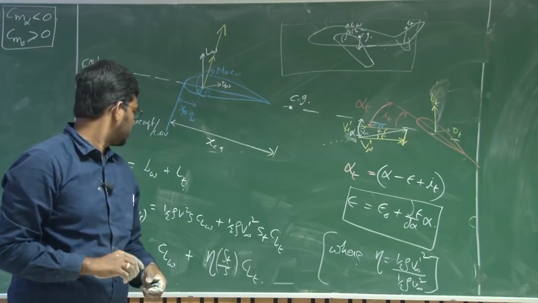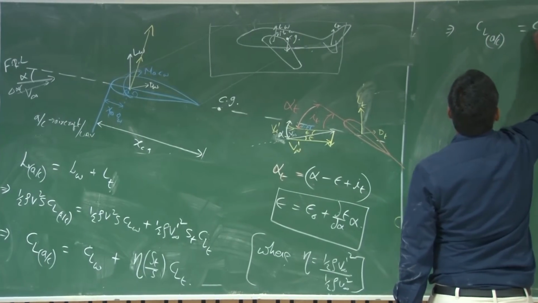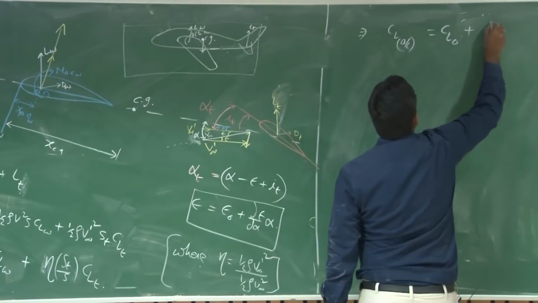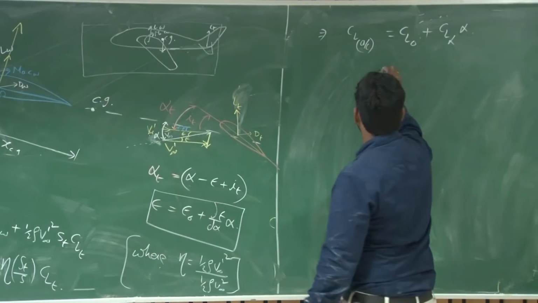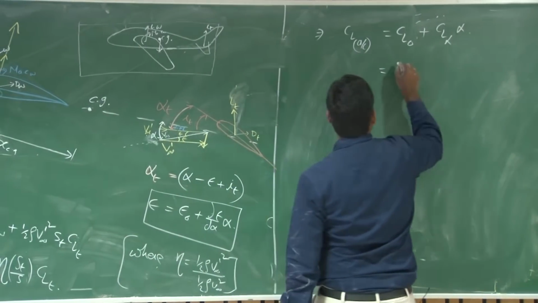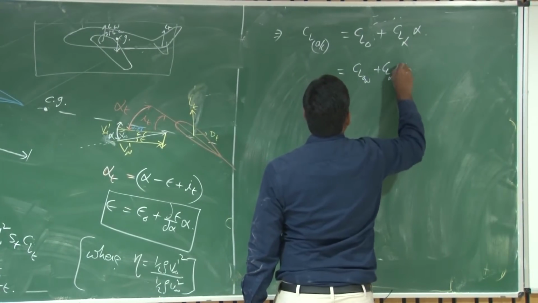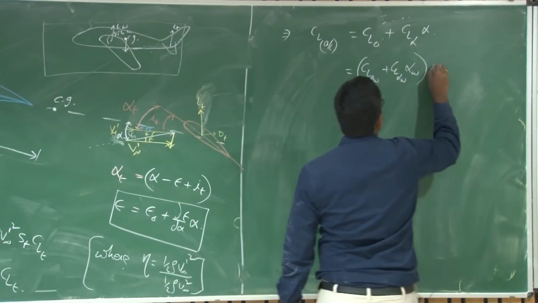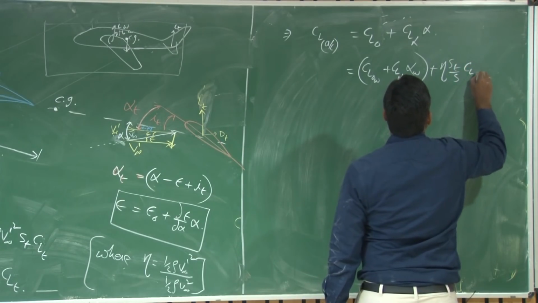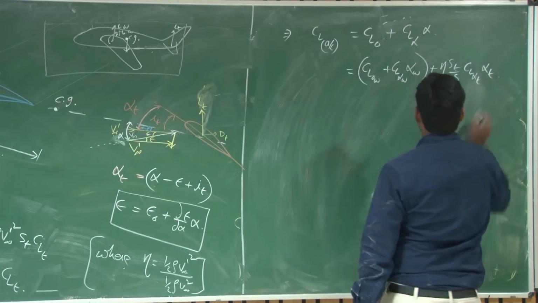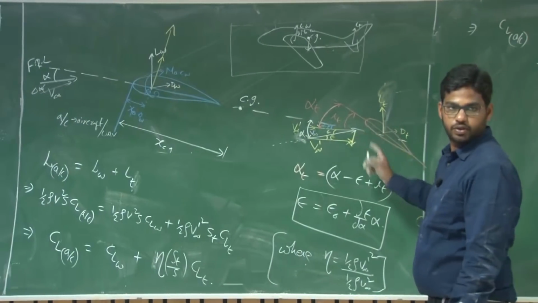So CL of the aircraft can be expressed as CL naught of the aircraft plus CL alpha into alpha of the entire aircraft, right, which is equal to CL of wing, expressed as CL naught of wing plus CL alpha of wing into alpha of wing, plus eta S_t by S into CL alpha of tail into alpha of tail, because CL naught of tail is 0 as we are using a symmetric tail here.